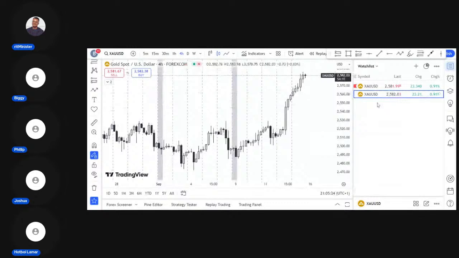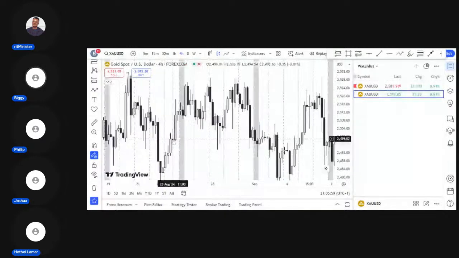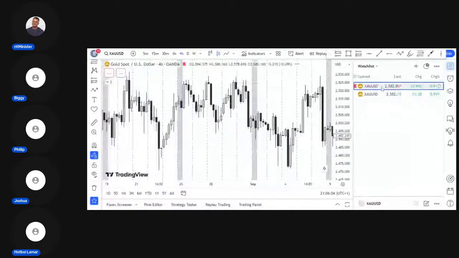I'm coming. Okay. So on forex.com, you can see at this point here, for example, there was a level here. Most persons use Oanda.